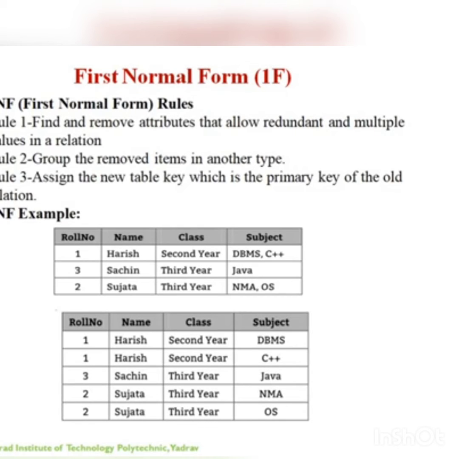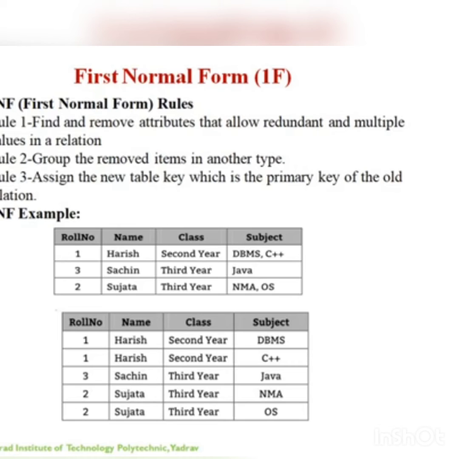In the given table it already satisfies 3 rules out of the 4 rules I have already told you, as all our column names are unique: roll number, name, class, subject.